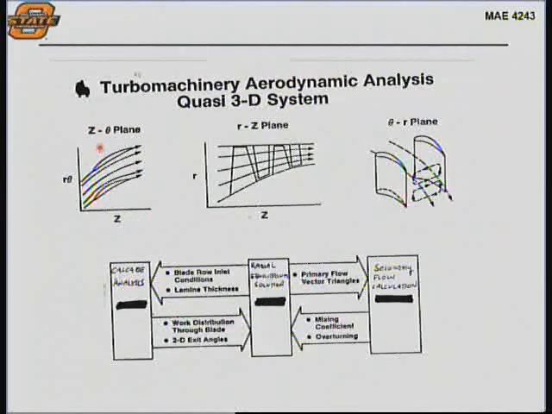And of course, if we look at the Z theta plane, if we actually cut across here, we'll see a flow passage like this where you have flow between two airfoils. And so you can analyze the flow in one of these planes. In fact, you normally start in the RZ plane, and you compute the fluid properties and the velocity triangle data that we talked about before in this plane. And then you feed that data into the theta R plane, and then feed it into the Z theta plane, and then you iterate on this, okay?